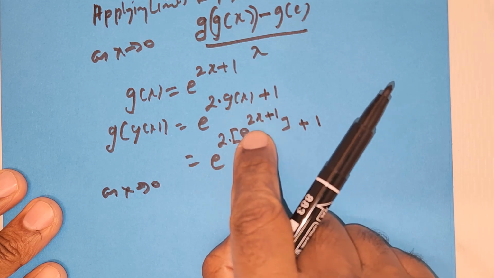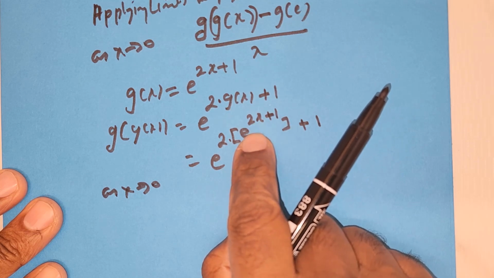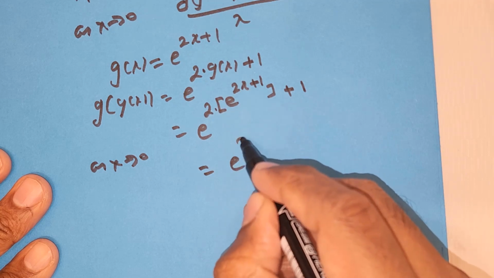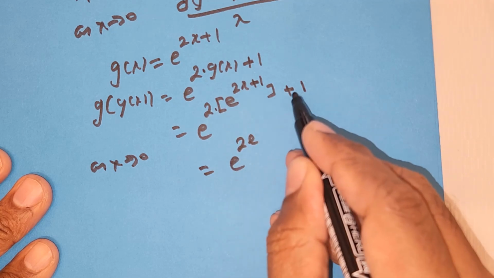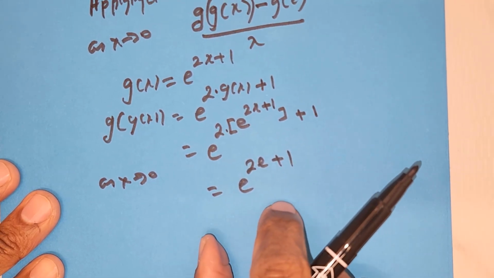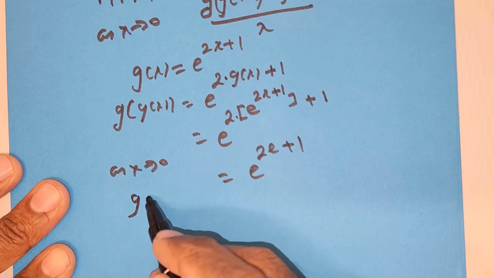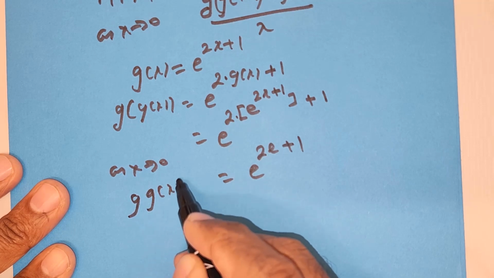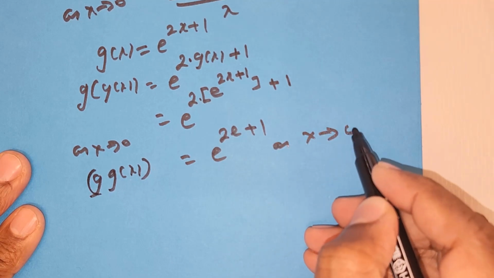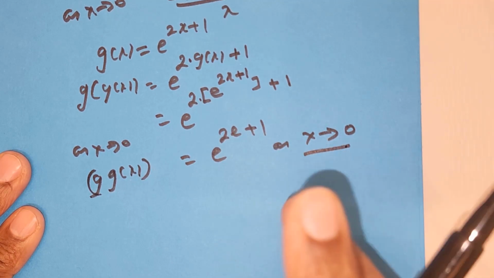You get 0 plus 1, that's going to be e. So this is going to be equal to e raised to the power of 2 times e plus 1. So this is the value for g of g of x as x is tending towards 0.